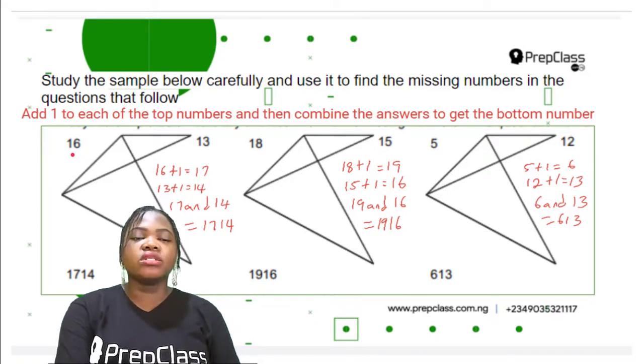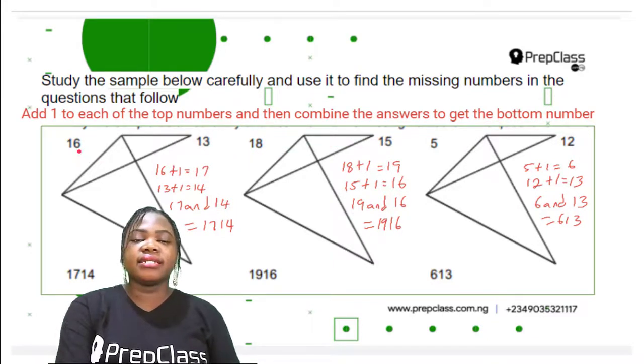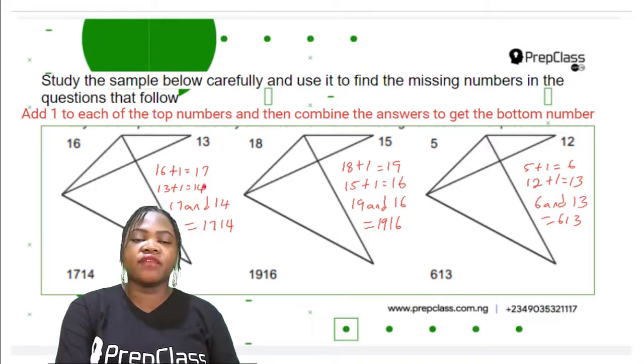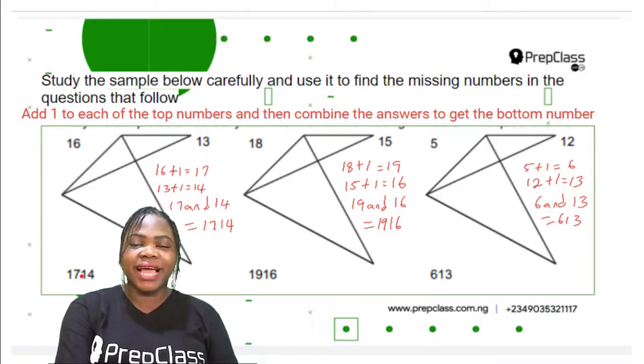So add 1 to each of the top numbers and then combine the answers to get the bottom number. The top numbers here are 16 and 13. 16 plus 1 is 17. 13 plus 1 is 14. So the answers are 17 and 14. When you combine 17 and 14 together, you get 1714. Can you see that's the answer?